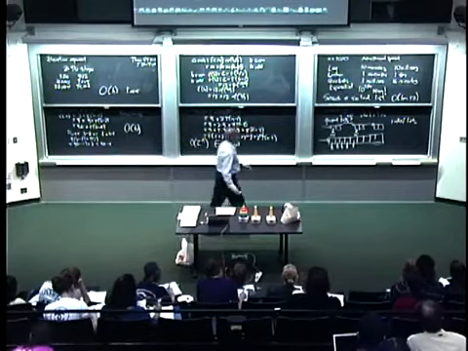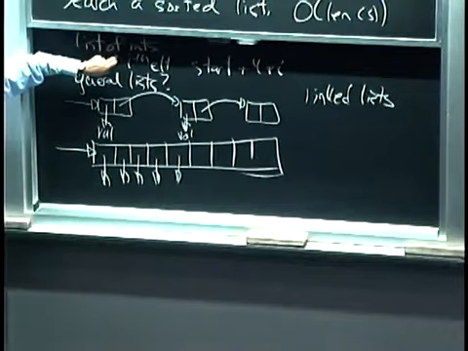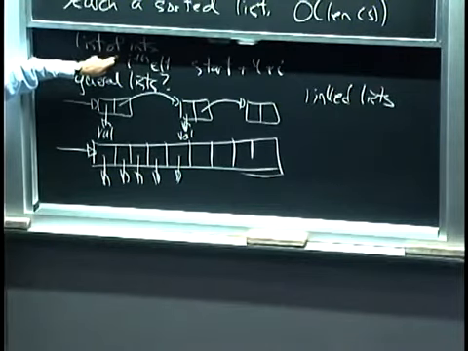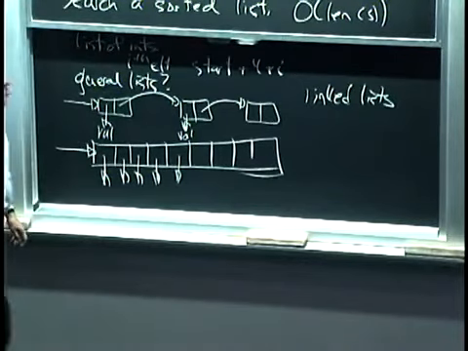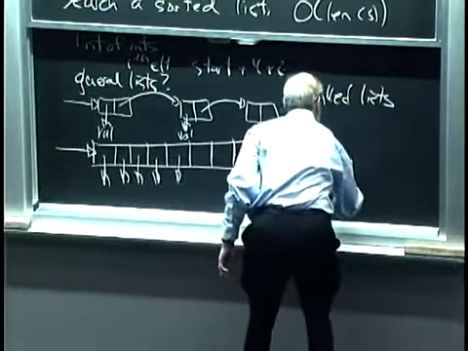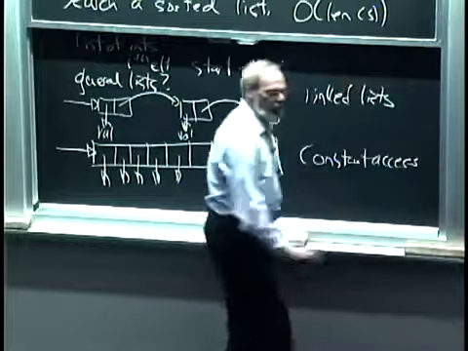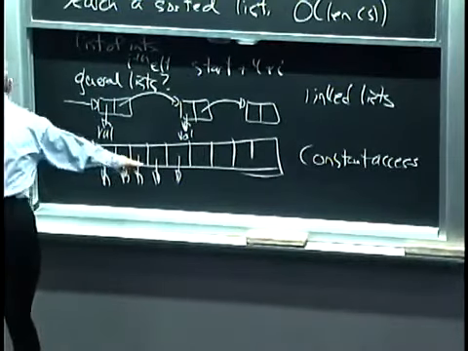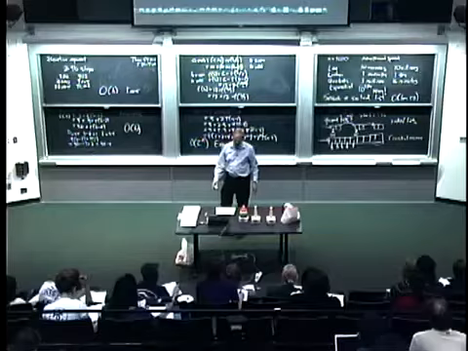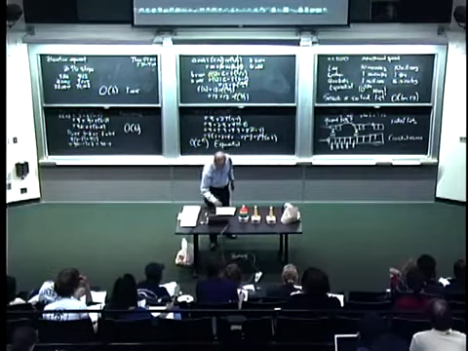In that case, I'm back to this problem. And as a consequence, access time in the list is constant, which is what I want.